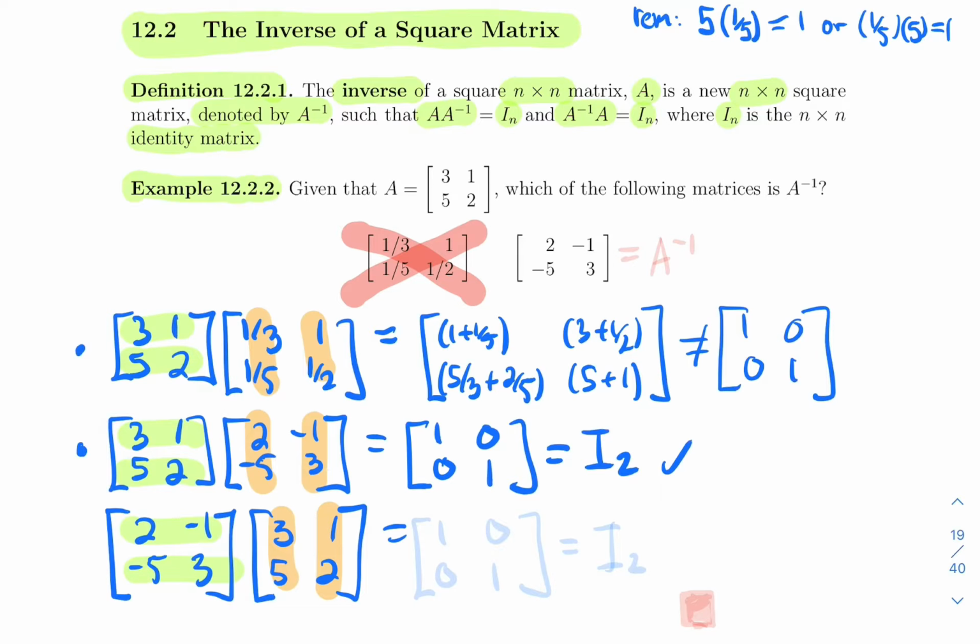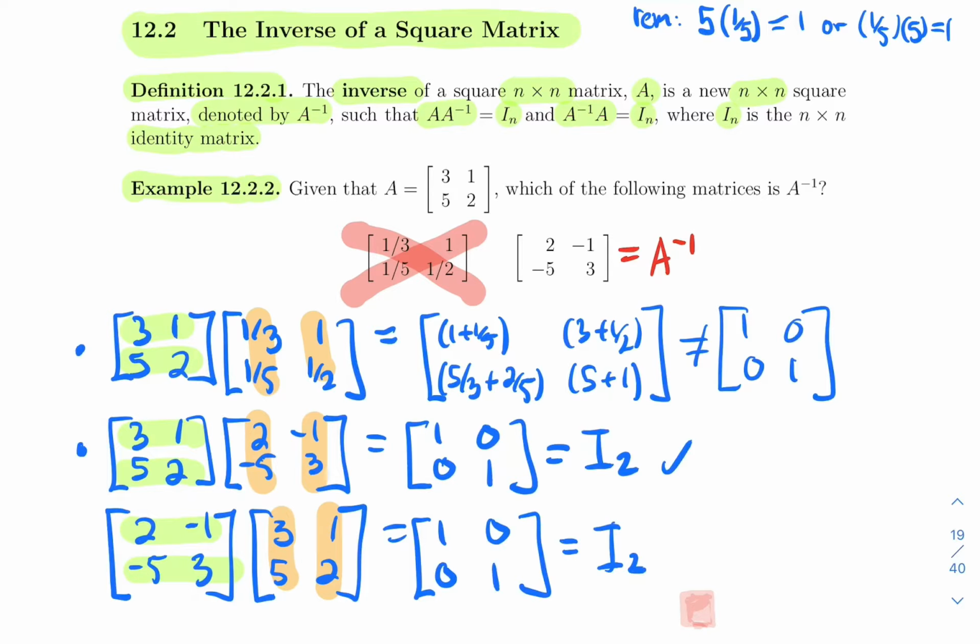So you're going to get 6 minus 5, which is 1, minus 15 plus 15, which is 0, and then second column, 1, 2 falling down, so you get 2 minus 2, which is 0, and minus 5 plus 6, which is 1. So we get the identity matrix. So that matrix here is indeed the inverse that we were looking for.